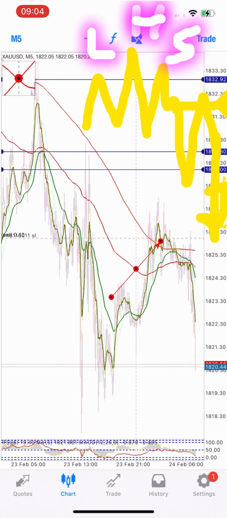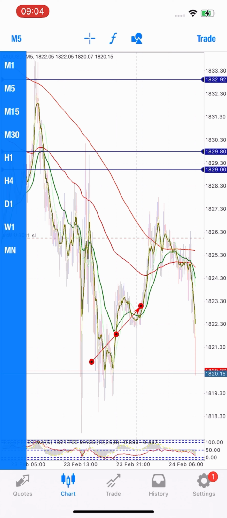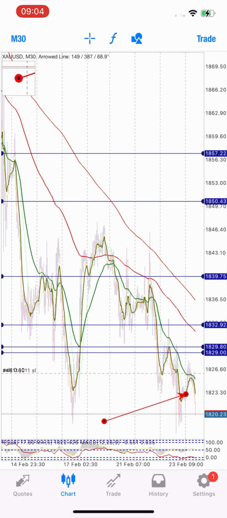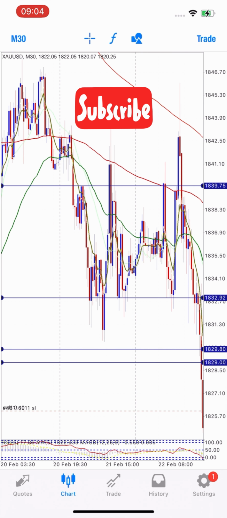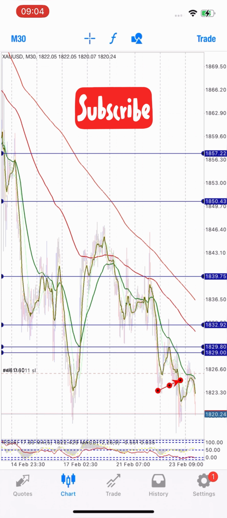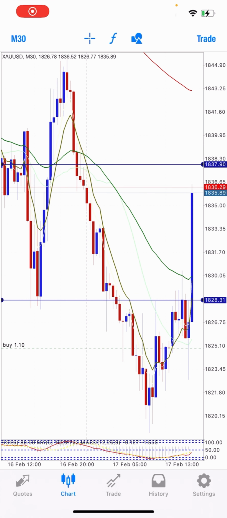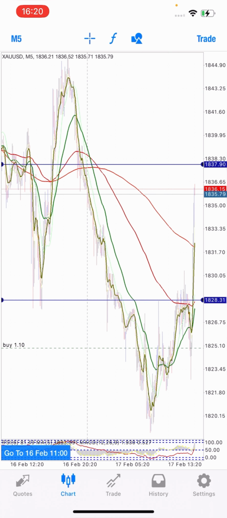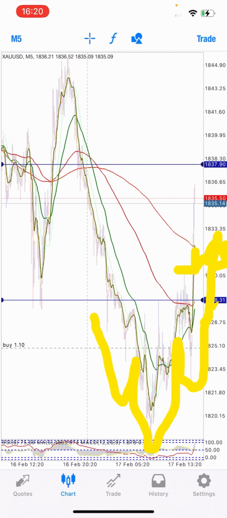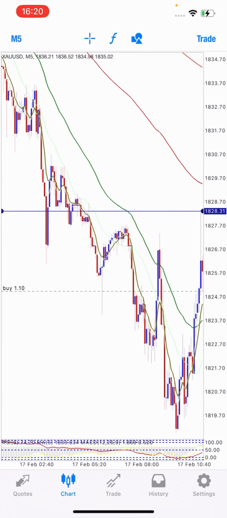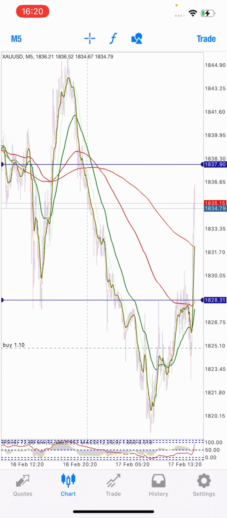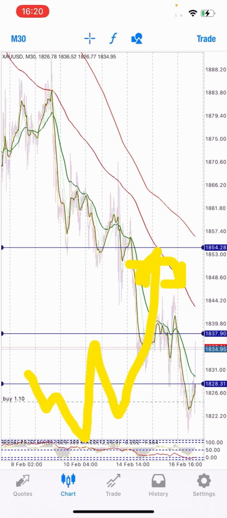It formed a pattern, then it went back to look for a possible entry. This is another pattern here.